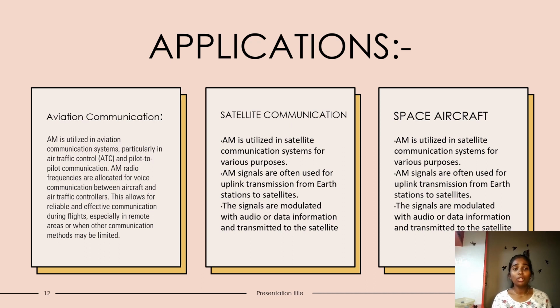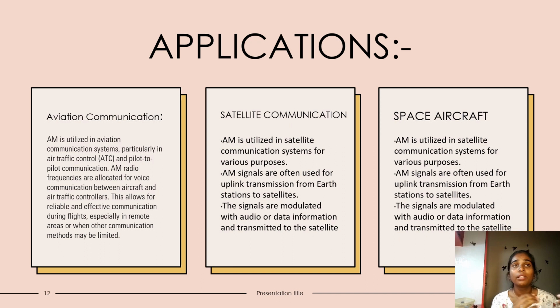And not only aviation, that is aircraft in the sky, but also satellites in space. Amplitude modulation is also used for satellite communication systems for various purposes, that is, transmission from the earth station to the satellite. It transfers data in the form of audio data or other data forms.